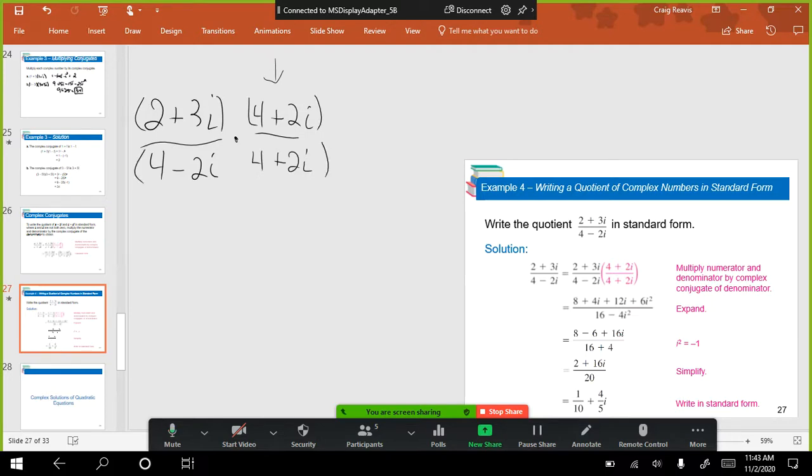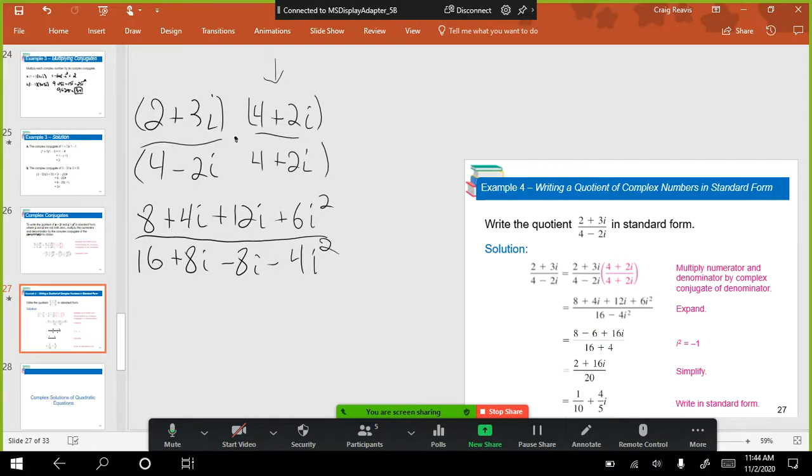All right, 2 plus 3i, so that's going to be 2 times 4 is 8. 2 times 2i is 4i. 3i times 4 is 12i. And then 3i times 2i is 6i squared over, that's going to be 16 plus 8i minus 8i minus 4i squared.